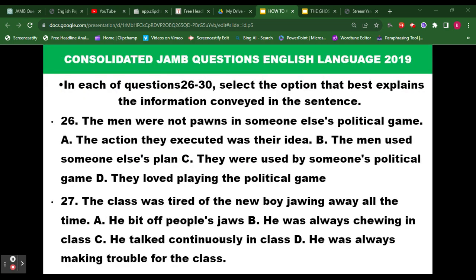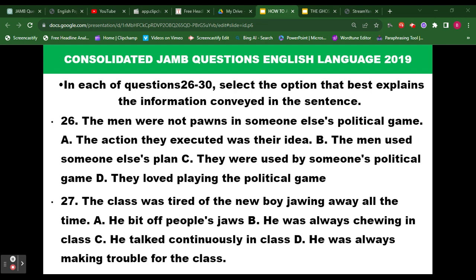Now, let's begin to look at the Jamb questions, English language 2019. We want to actually apply the skills we have just learned. We want to use these literary devices and figure out the appropriate interpretation or explanation for given sentences.